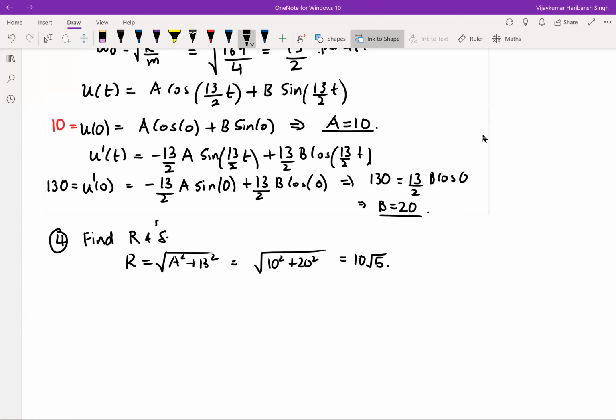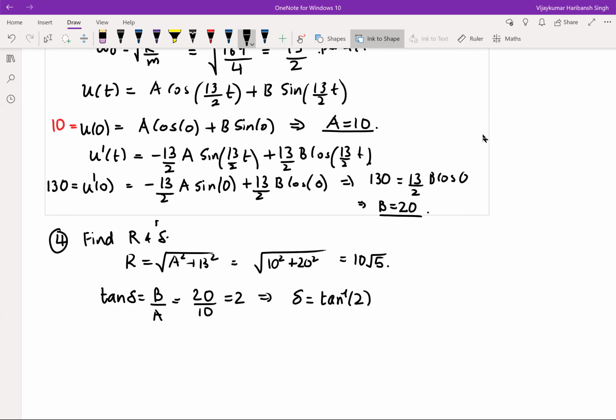This is your r, and delta is, so tan delta is b over a, which is 20 over 10, which is 2. So what this means, delta equals tan inverse of 2.